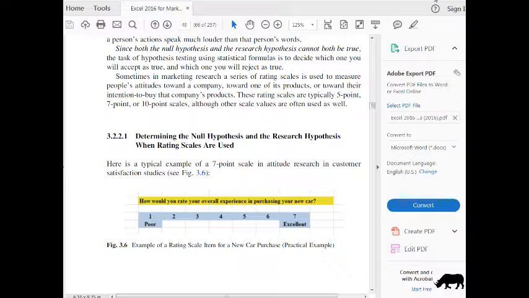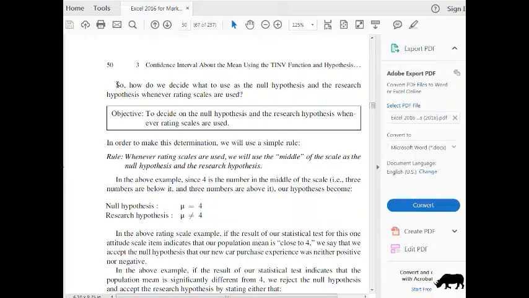Practical example. So how do we decide what to use as the null hypothesis and the research hypothesis whenever rating scales are used? The objective is to decide on the null hypothesis and the research hypothesis whenever rating scales are used. In order to make this determination, we will use a simple rule.